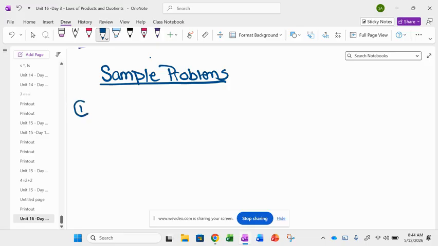For the first problem, I want us to write log base 3 of 5c over pi d in expanded form.